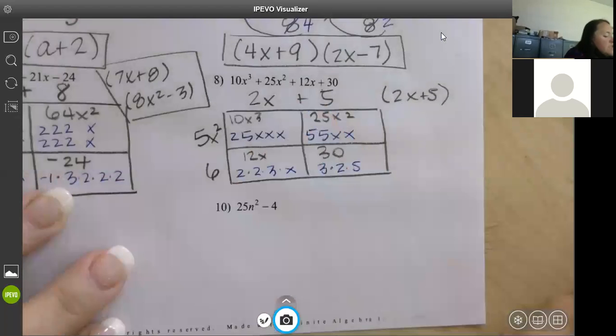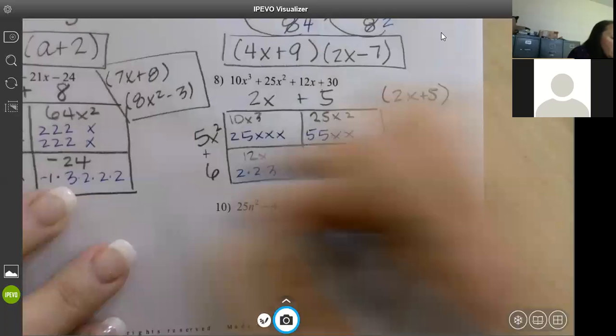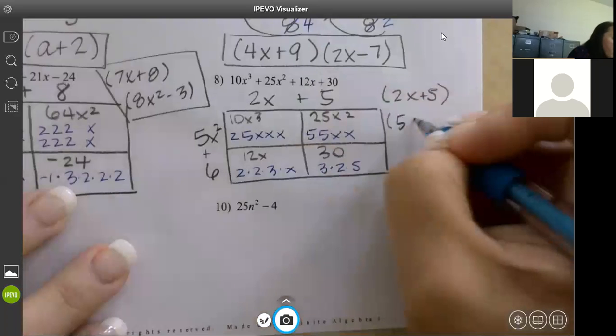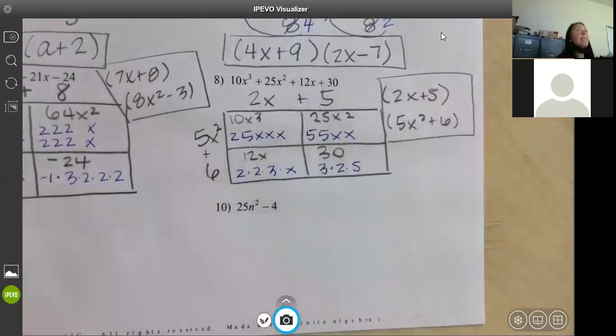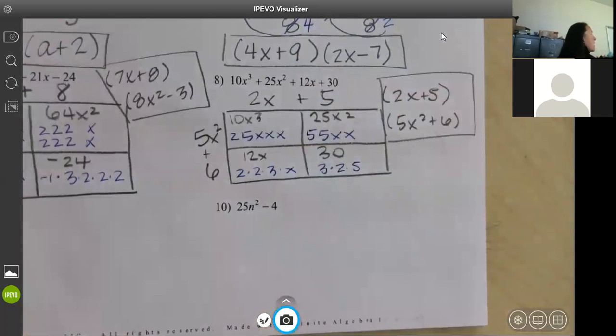A 3 and a 2, which is 6. So you get 5x squared plus 6. Any questions? 7 and 8, so use that box. And again, it's multiple choice, so you'll know if you got it wrong or not.